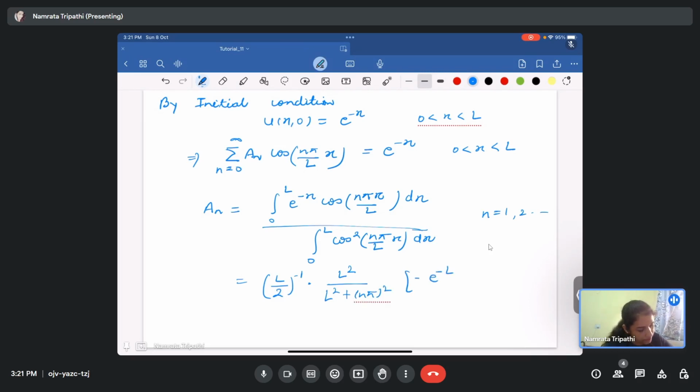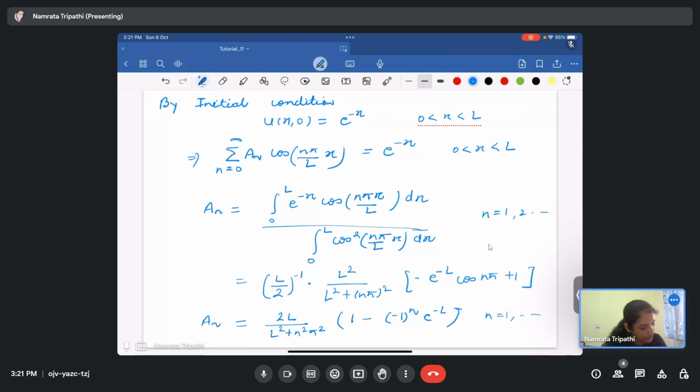After putting in the upper limit you will get minus L cos of n pi plus 1. You can check the integration. L will cancel out, 2L will be left, and this will become 1 minus cos n pi times e to the power minus L. So this will be the value of an, where n is from 1 and so on.